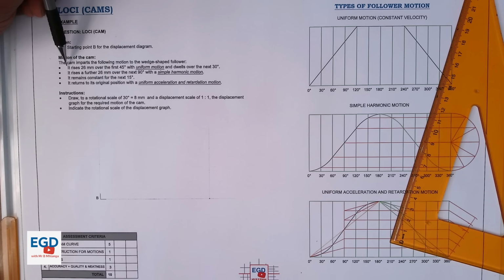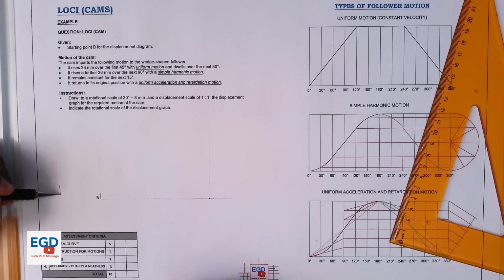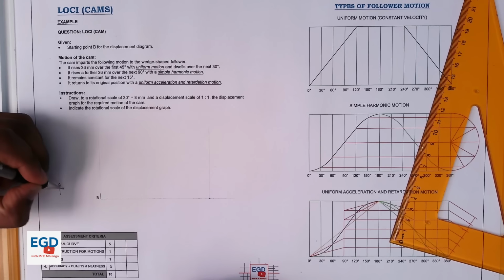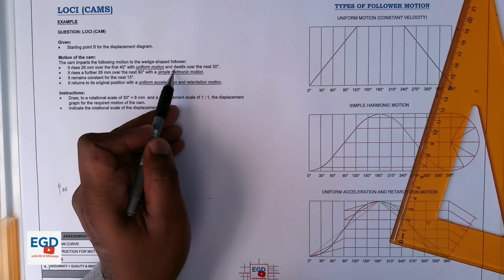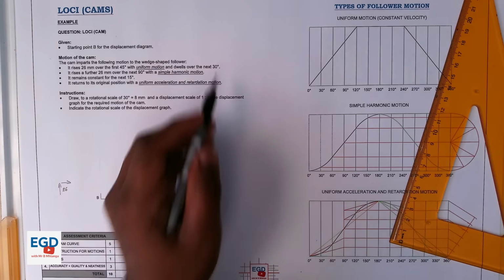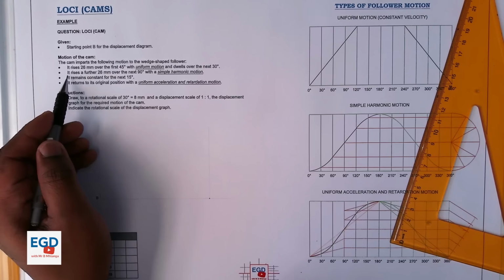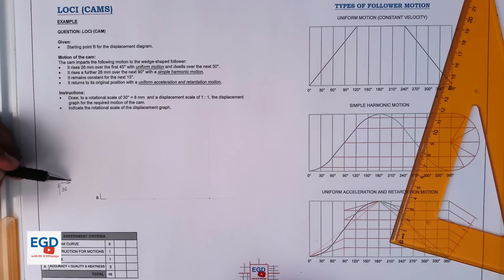From the starting point, the follower will rise 26 millimeters over the first 45 degrees. So we have 26 millimeters, and obviously it dwells, so it remains constant for that period. Then it rises a further 26 millimeters, so it will rise again by 26 millimeters.